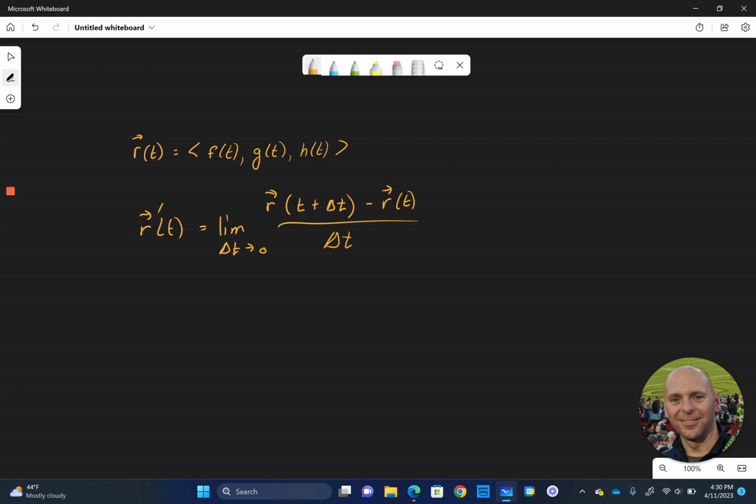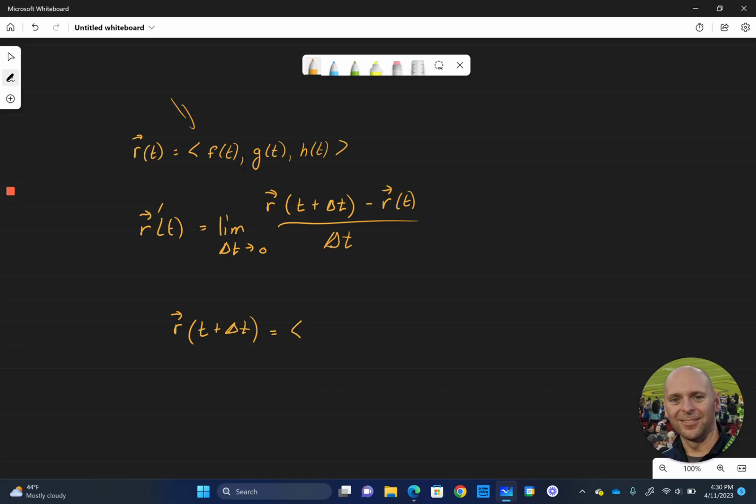So now let's go ahead and figure out what these two quantities are. Generally, I approach these by first figuring out what r of t plus delta t will be, and then we'll subtract off r of t. So let me just, as an aside, find r of t plus delta t. We'll evaluate that up above.